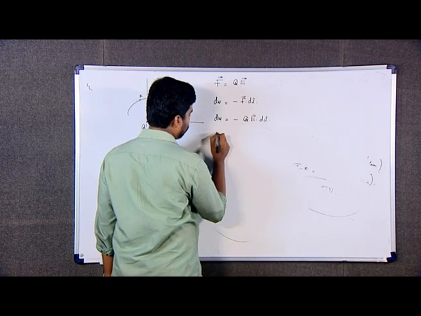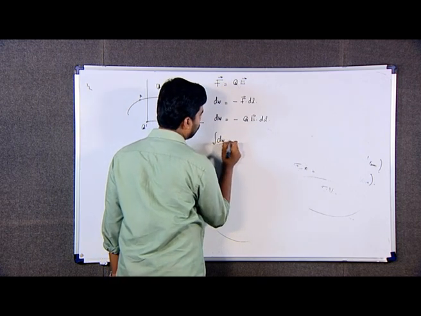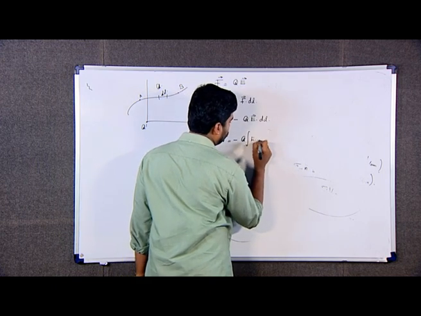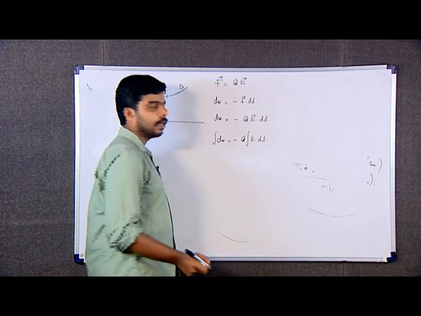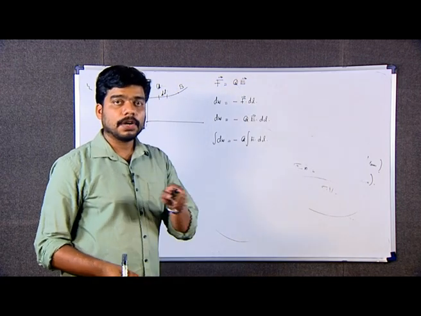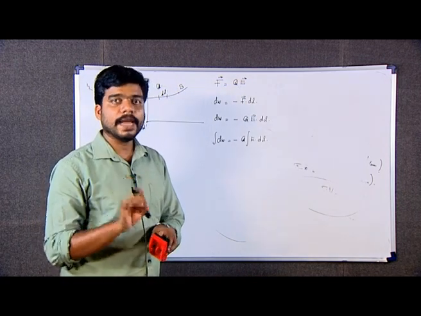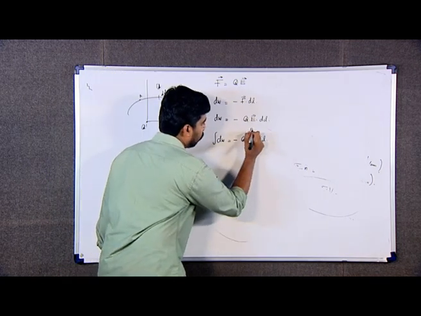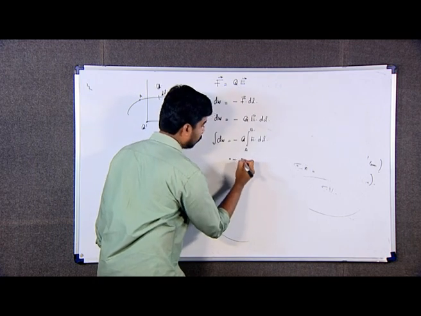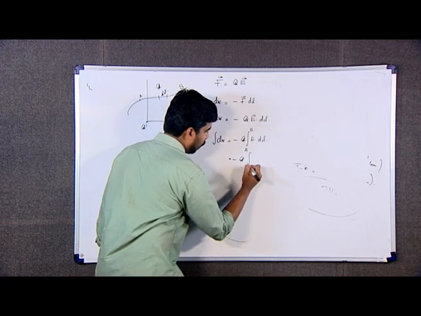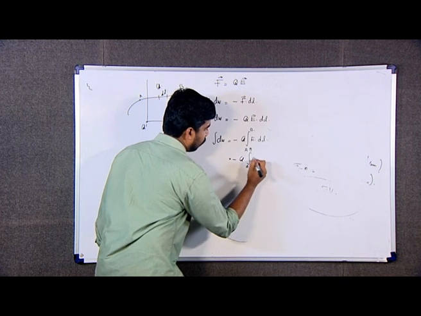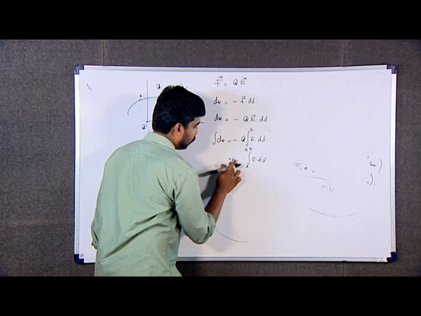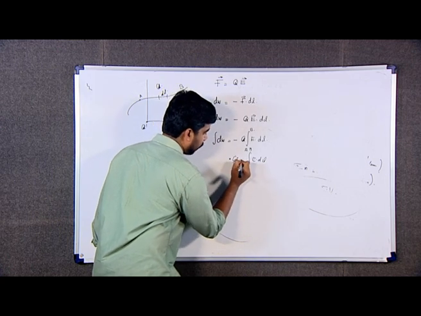So, the total work done is the integral of dW, which is equal to minus Q into integral E dot dl. If I want to move it from point A to point B, I should put the limits from point A to point B, which is equal to minus Q into integral A to B E dot dl. I am taking this Q here and putting this minus here.